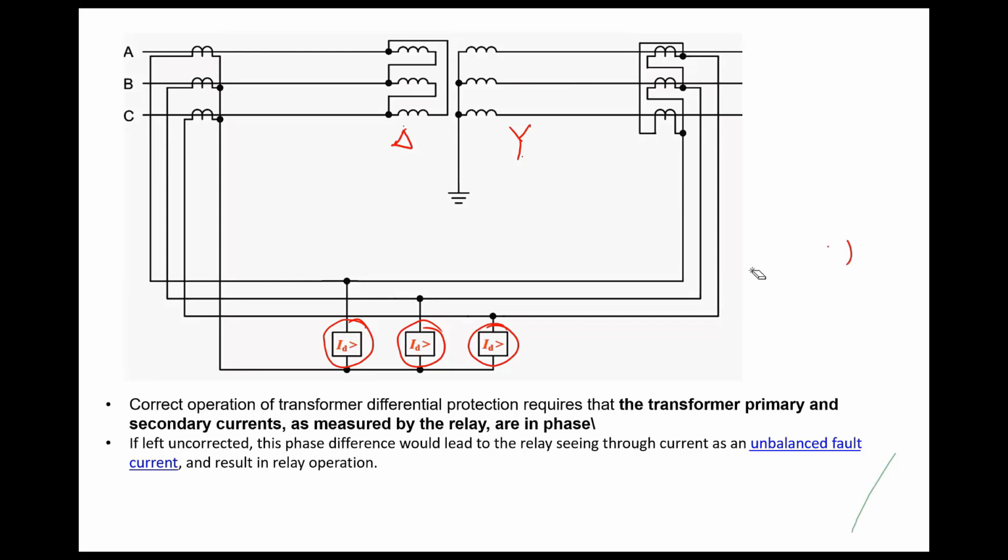Understand? So for the correct operation of the transformer, differential protection requires the transformer primary and secondary currents, as measured by the relay, to be in phase. That means the currents flowing through the CTs should be in phase.